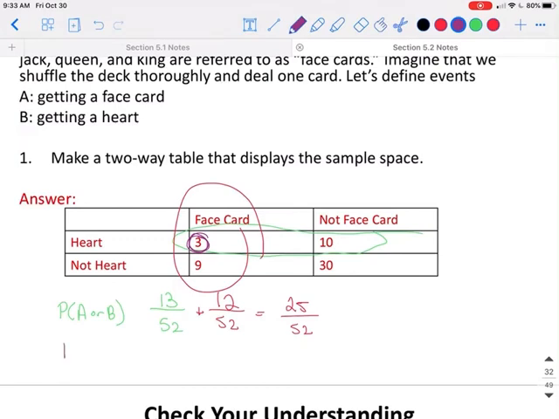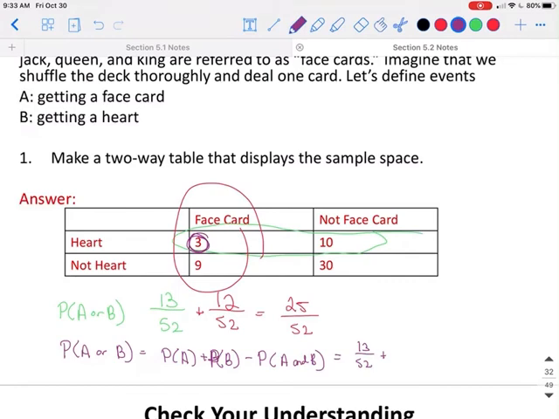So this is why for the probability of A or B, we have to do the probability of event A plus the probability of event B, and then we have to subtract out the probability of A and B. That way we don't count it twice. So the probability that it is a heart is 13 out of 52.